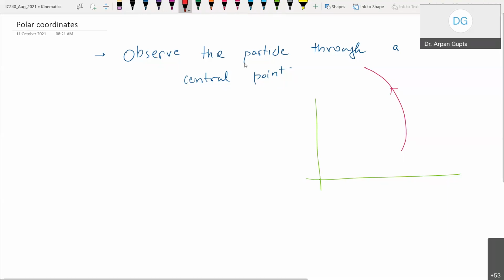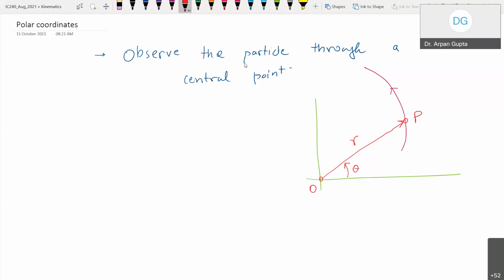We are observing the particle using this origin O. So this is a particle P which is moving along some arbitrary curvilinear motion, and we want to observe it with a radial length r, and with respect to a reference frame. So reference can be from anywhere, right? It is not necessary that it has to be anti-clockwise, it can be from any reference frame, but it just has to be consistent with that.